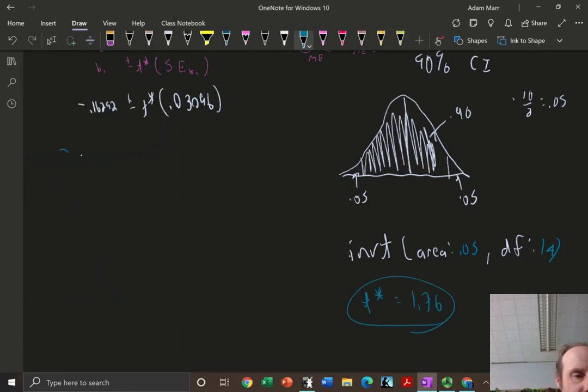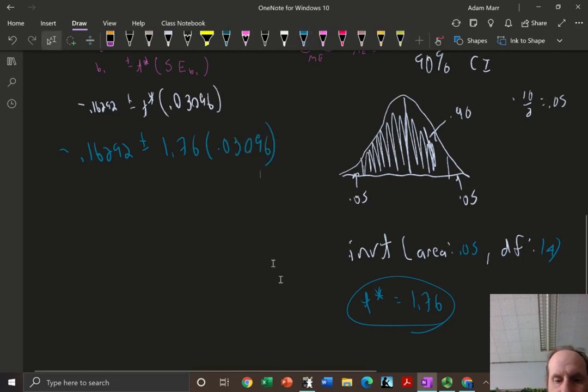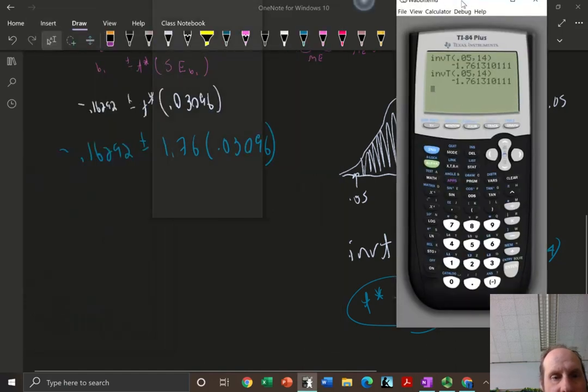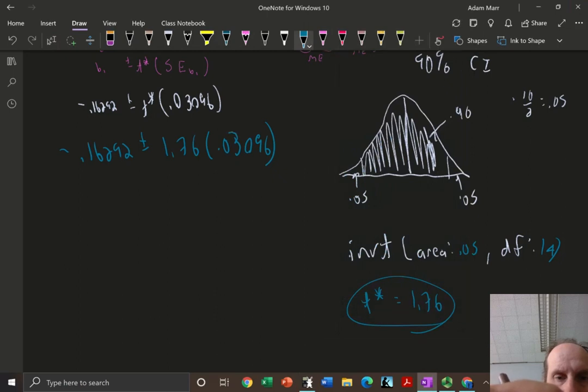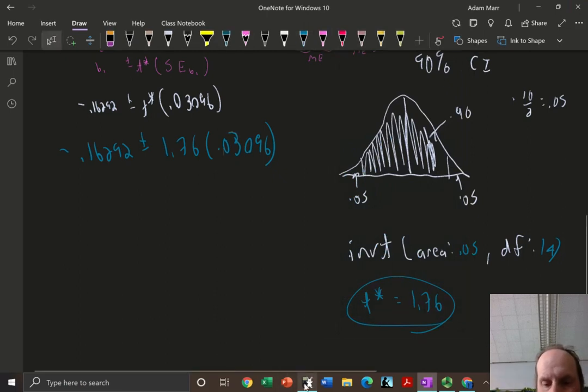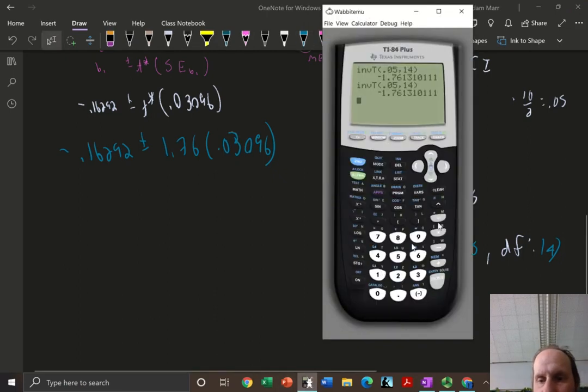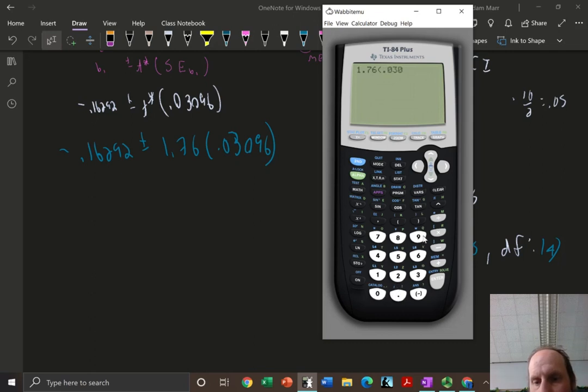All right, so there we go. Negative 0.16292 plus or minus 1.76 times 0.03096. There we go. All right, so let's get what this is. So first, on my calculator, and sorry about the bad handwriting, I'm just going to say 1.76, and I'll multiply that by 0.03096.